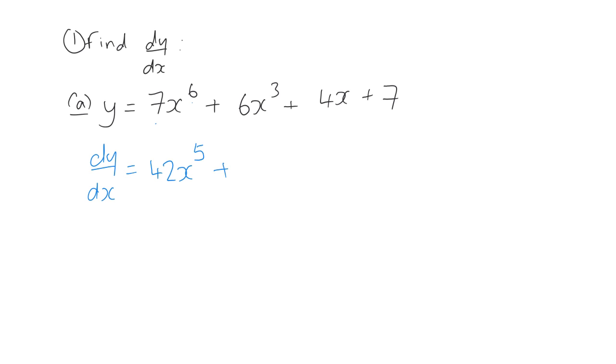So 3 times 6 is 18, and take 1 away. Now really there's a 1 here, so 1 times 4 is 4, and when we take 1 away we would have the power of 0, so x to the power of 0 is just 1, so when we differentiate something just with an x we get that number. Technically, there's an x to the power of 0 here. So when we differentiate a constant, we get 0, so it disappears.